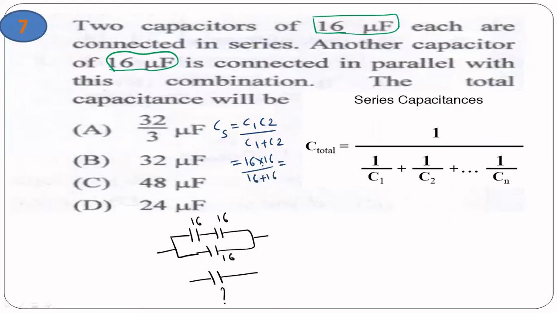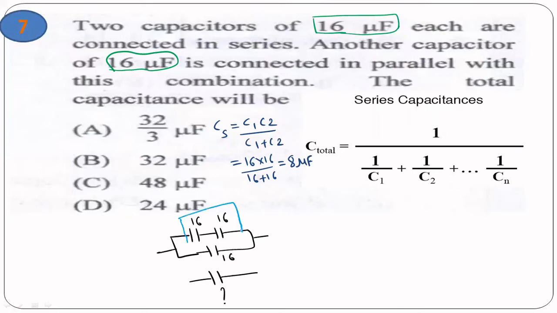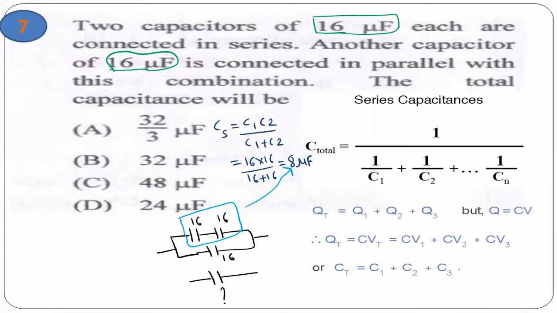If we solve this, we get 8 microfarad for the series combination. Whenever capacitances are connected in parallel, we just need to add them.